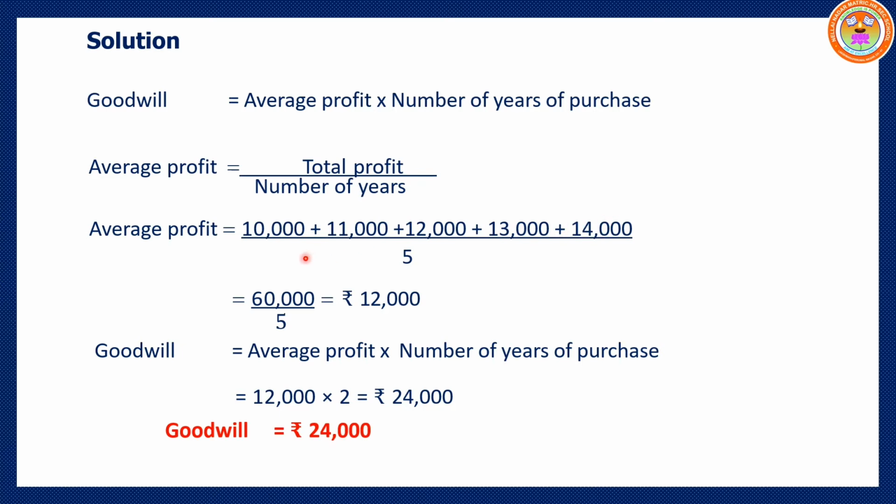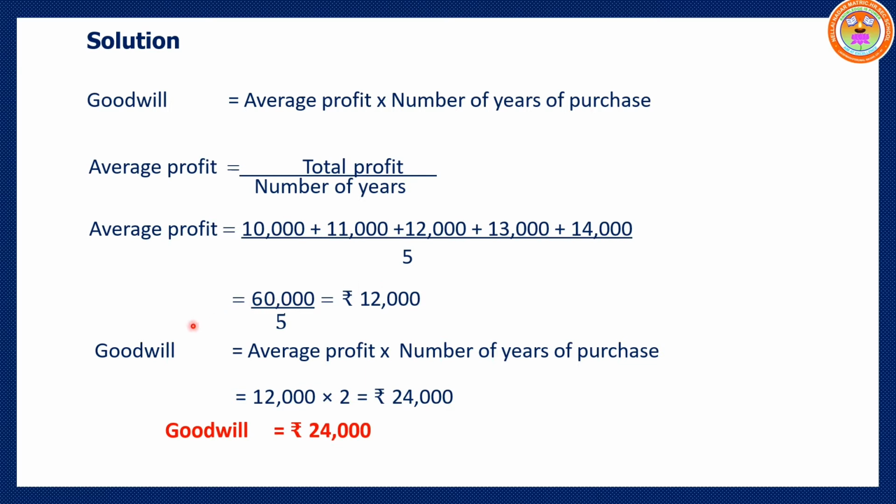These 5 years' profit divided by 5. If we add these 5 amounts, we get 60,000 divided by 5. Using the 5 table we get 12,000. 12,000 denotes average profit.